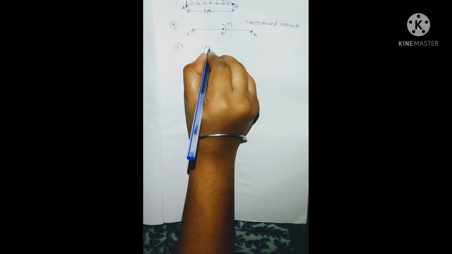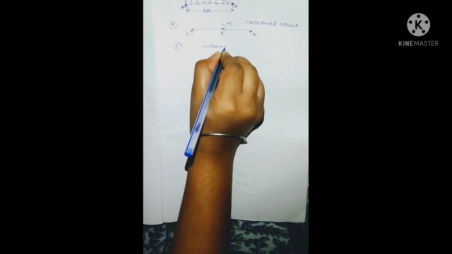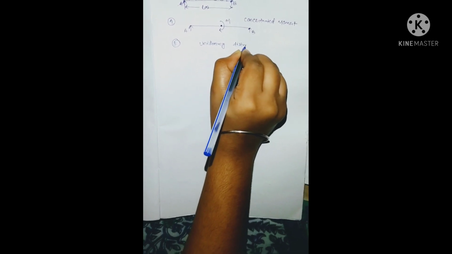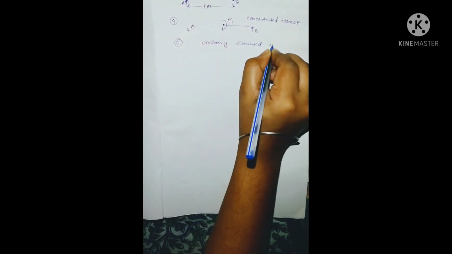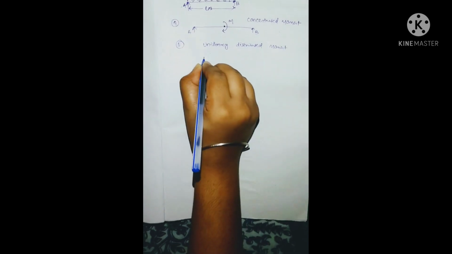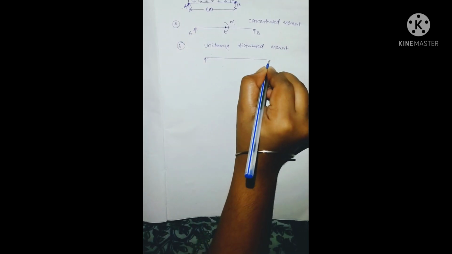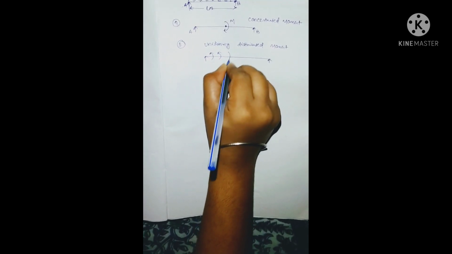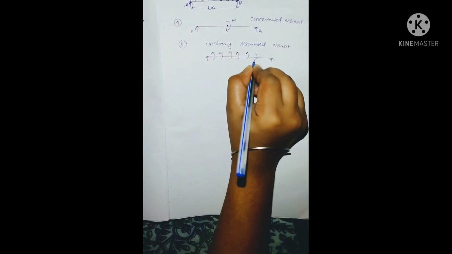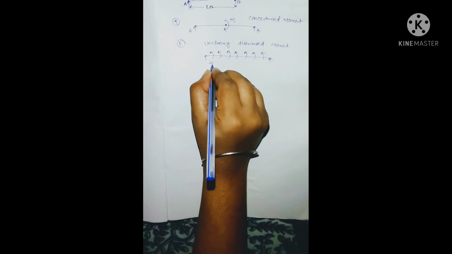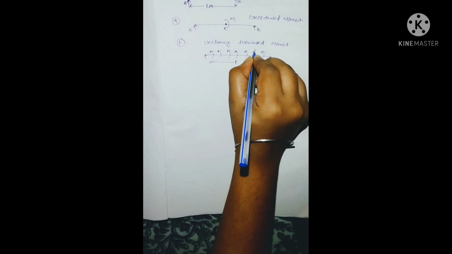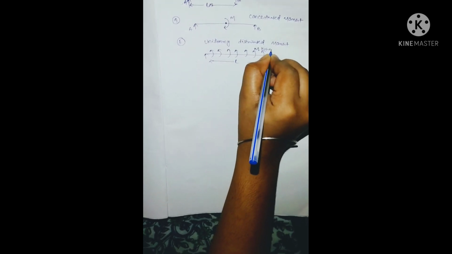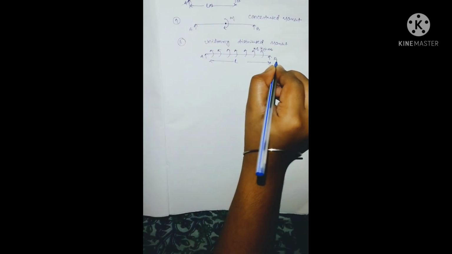Next, uniformly distributed moment. Uniformly distributed moment means the moment is uniformly distributed throughout its length. Okay, this is length L, this is M kilonewton meter, this is support A, support B.